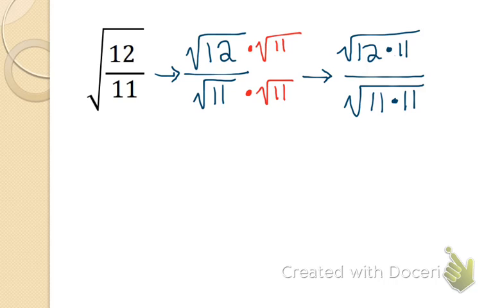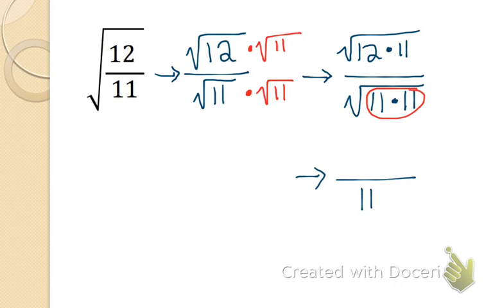Looking at the denominator first, quickly you can see there's a pair. So in your mind you should think, if that's a pair, the 11 goes outside, nothing goes inside the radical, so we don't need the radical.